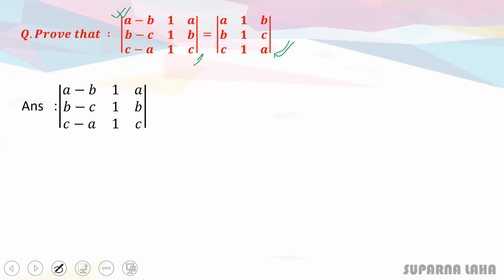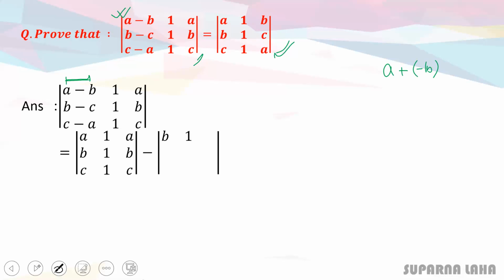So look at this first column, what is given? A minus B, B minus C, C minus A. So I can say that this is written as A plus minus B. So addition of two terms. So we can write this determinant as the addition of two determinants.